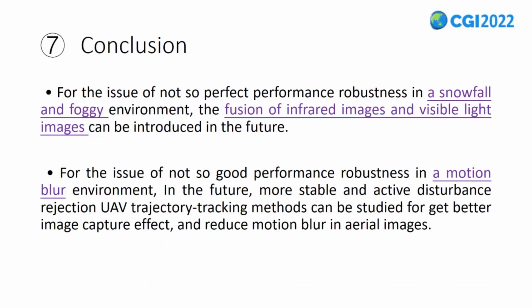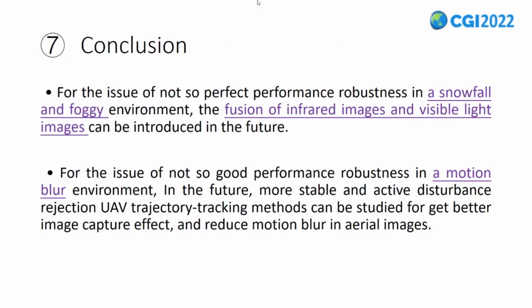The main goal is that we propose a deep learning based method for power line detection. From the results, we can know that for the issue of not-so-good performance robustness in snowfall and foggy environments, the fusion of infrared images and visible light images can be introduced in the future.